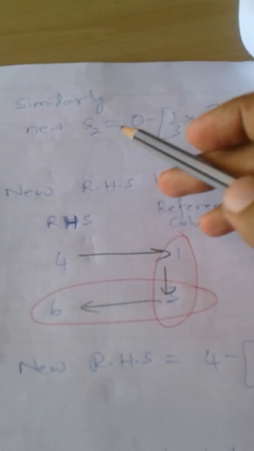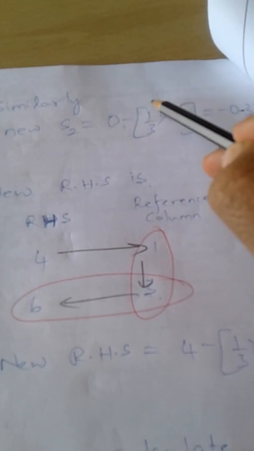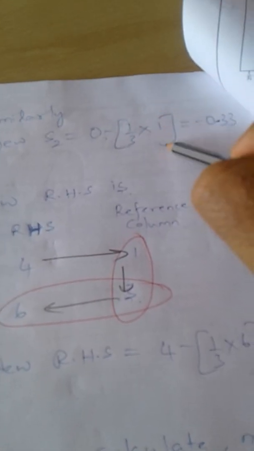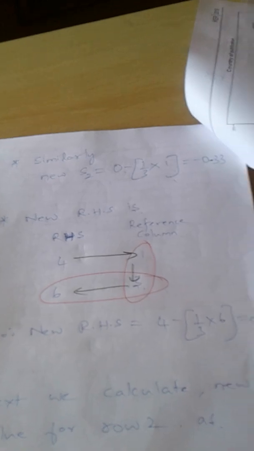Next, similarly, we are going to calculate the new value for S2, which is 0 minus 1 divided by 3 into 1. How is that? I'm just going back to the previous page.